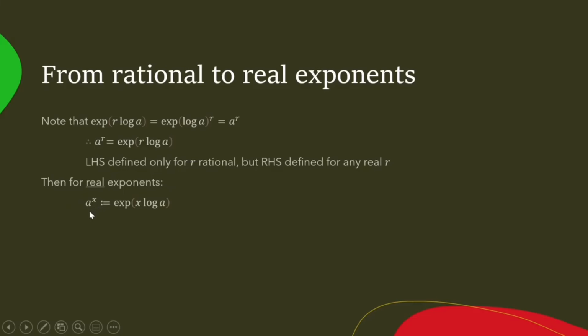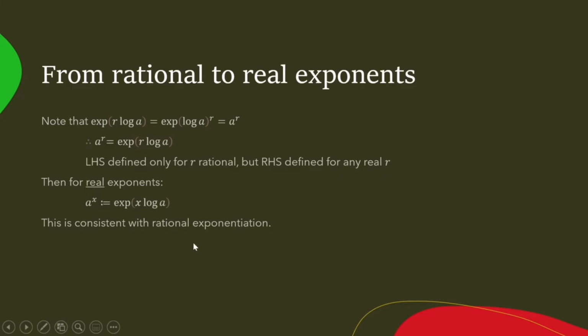The way we can read this is that if we're calling a the base and x the exponent, what we have is the base to the power of the exponent. It's equal to exp of the exponent times log of the base.